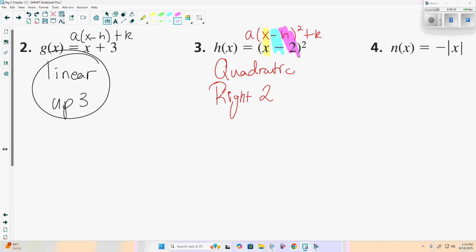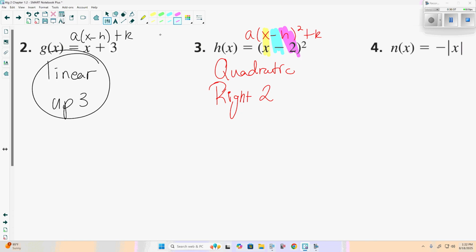H is positive 2. Positive is to the right, so it would move right 2. It looks negative, but the value of h is positive. That's why we have that opposite motion. Does that make sense? I think the easiest way is just to remember left and right, opposite of what we think. x minus 2 moves it 2 to the right. If it was x plus 2, it would be 2 to the left.